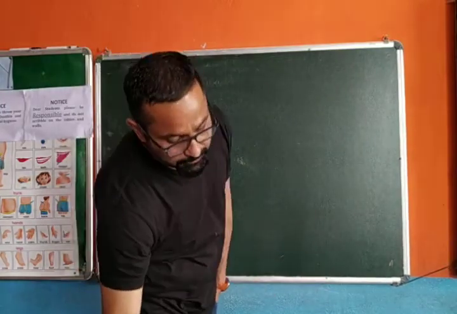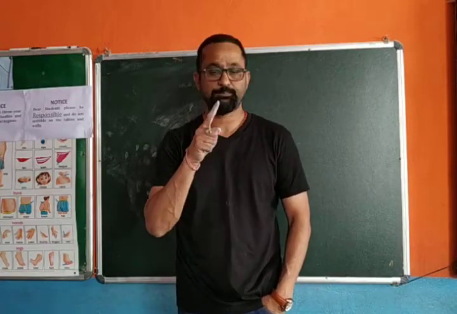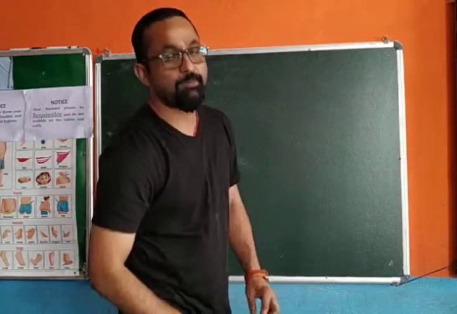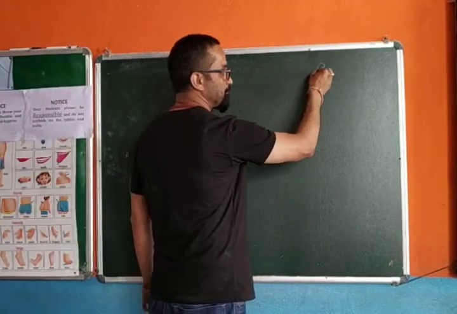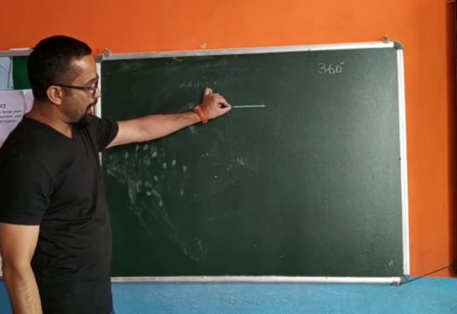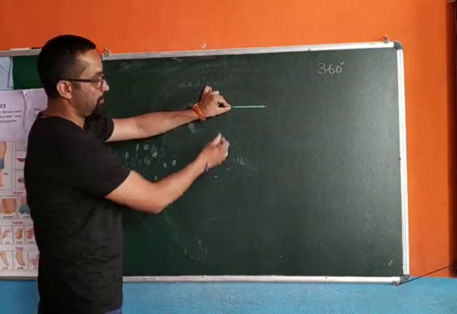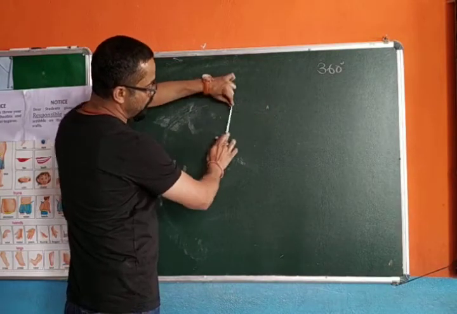An angle measured by one complete rotation. One complete rotation forms 360 degree. Look at this one. Suppose I keep my finger here. This point is O. This is A. And I rotate it.